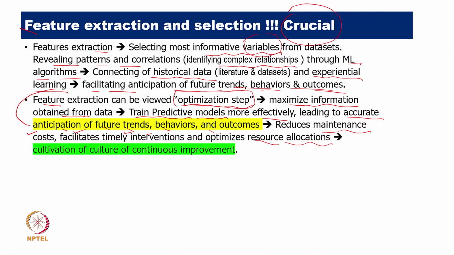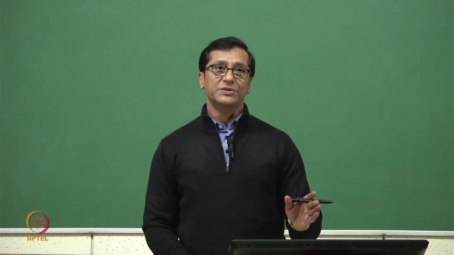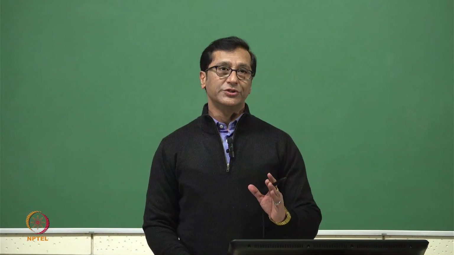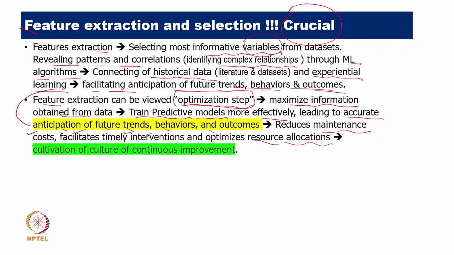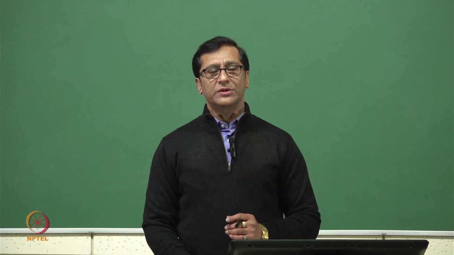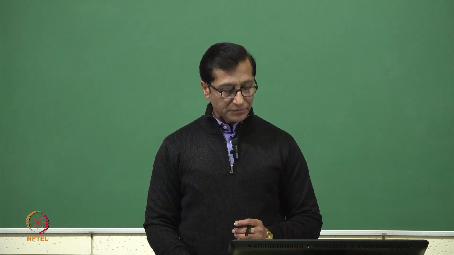So overall, lesser investment and more profit is the aim, and for that purpose feature extraction plays a lead role. We also want to cultivate a culture of continuous improvement. Whatever we have done today, tomorrow will be better, and the day after tomorrow will be better still. That is the culture that should be established so that the overall results are profitable to society.